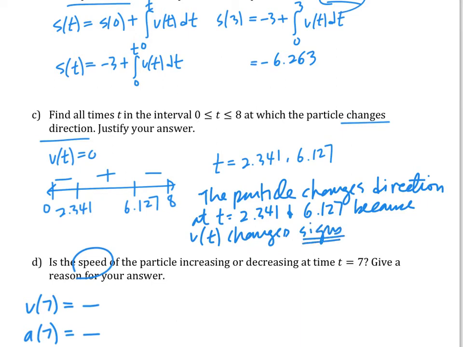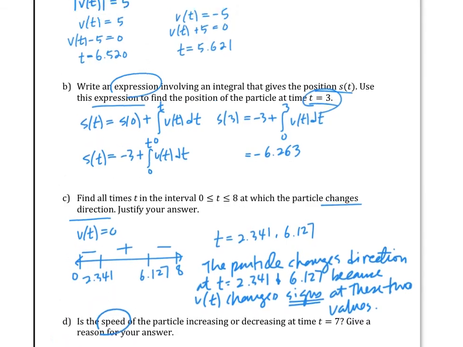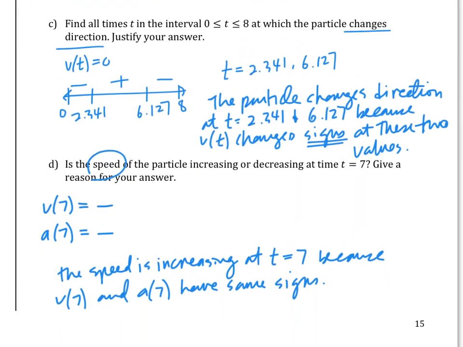Again, please don't write just "changes direction at these two values." Double check, we don't need to justify anything else. Okay, so we're good.